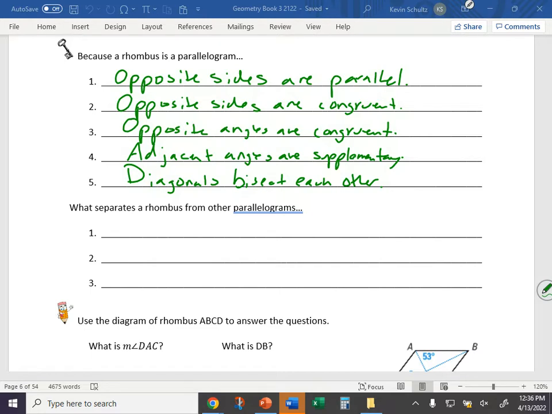What separates a rhombus from other parallelograms? Number 1, all 4 sides are congruent. The other 2 have to do with the diagonals.